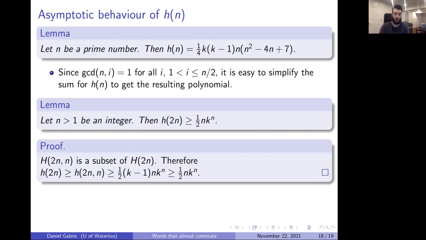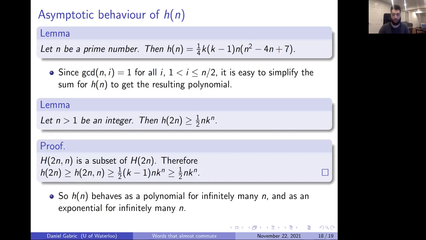Therefore, h of 2n is greater than or equal to h of 2n, n. And then we get that it's greater than or equal to 1/2 n times k to the n. And so this shows that h of n behaves like a polynomial for infinitely many n and as an exponential for infinitely many n. And it also shows that there's no one easily expressible bound on h of n.